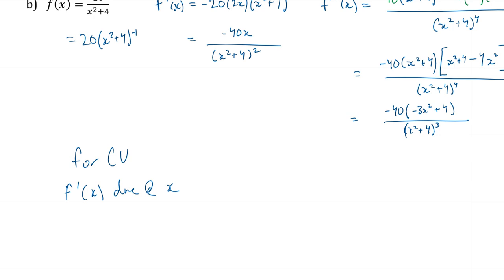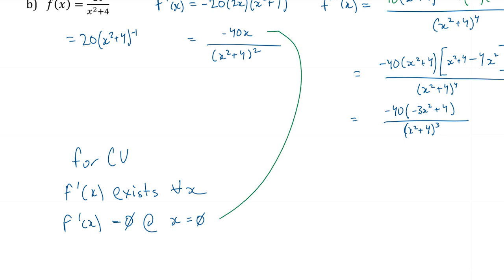Yeah, when you're squaring something and then adding to it, you're never going to have 0, you're never going to have negatives. So f prime at x exists for all x. And it equals 0 when x equals 0. How do I know? Looking at the first derivative.